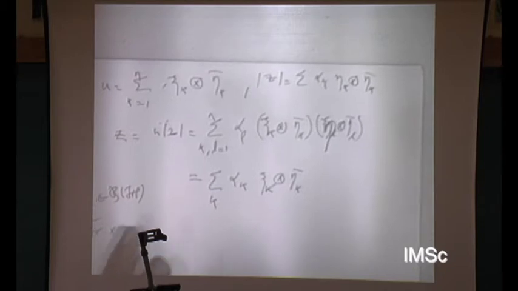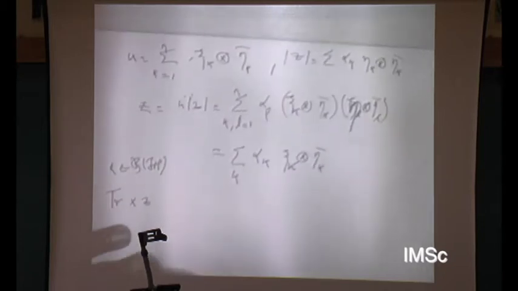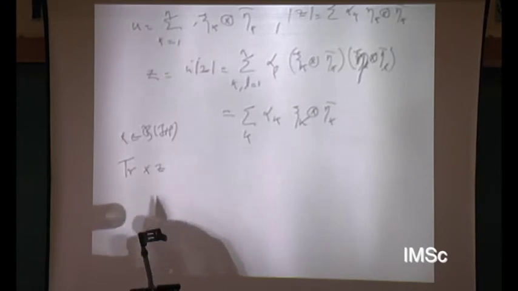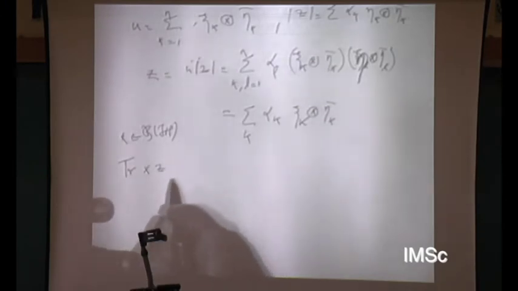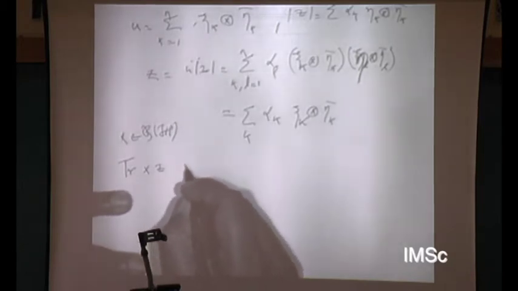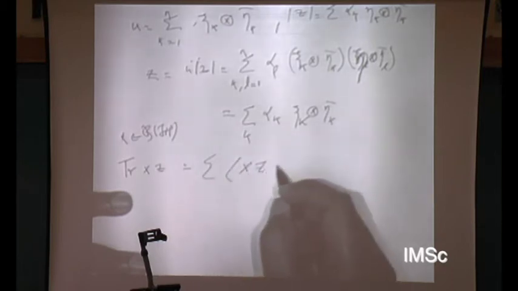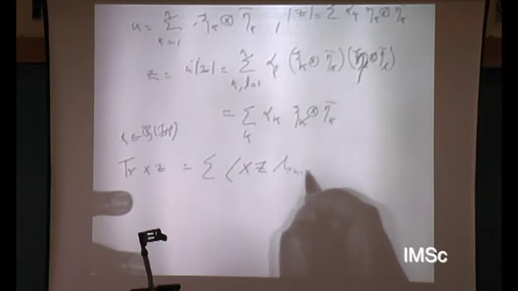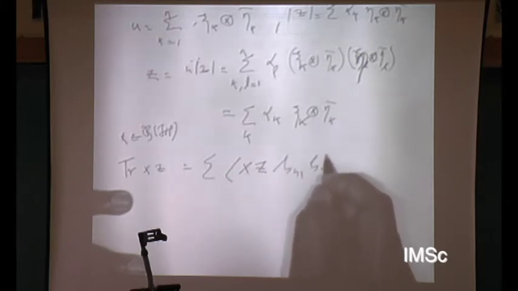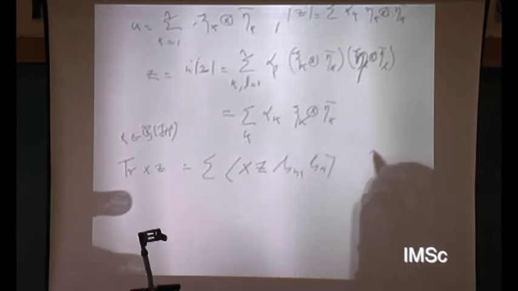Every finite rank operator is certainly of trace class. And so it makes sense to talk about trace of xz. So what is that? You must compute the sum of xz zeta n, zeta n for some orthonormal basis.